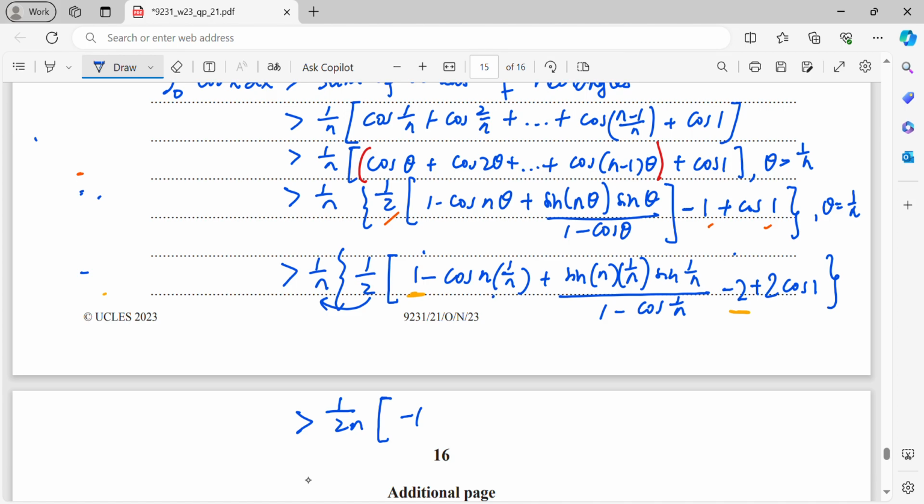This is cos 1, so minus cos 1, then plus sine 1 over n over 1 minus cos 1 over n, and plus 2 cos 1.